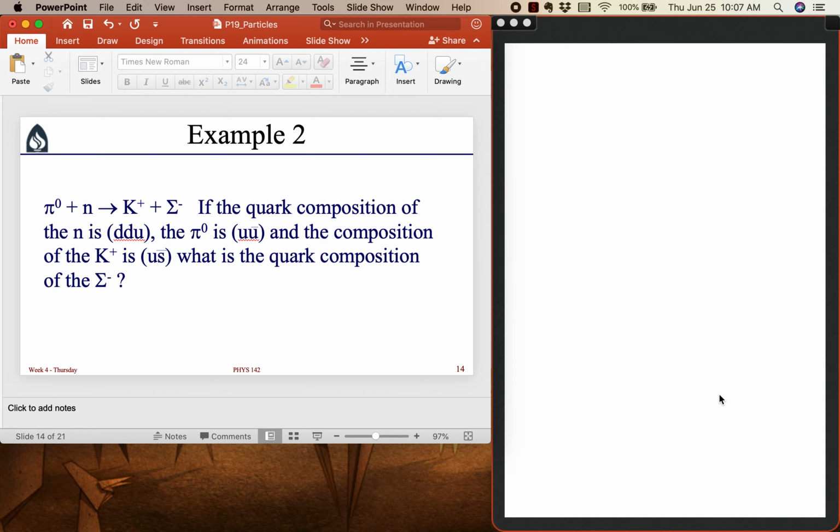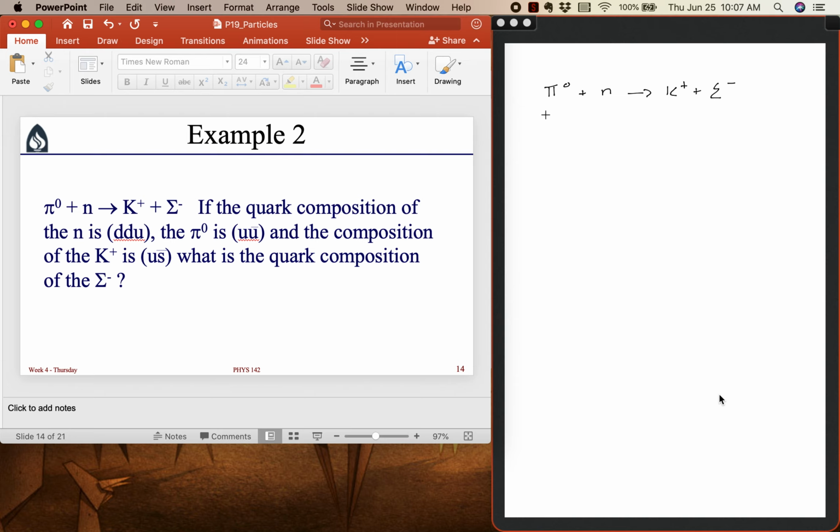So let's rewrite this reaction. We have our pi0 plus our neutron, and that goes to form the K plus and the sigma minus. So the quark composition for each of these particles is given.